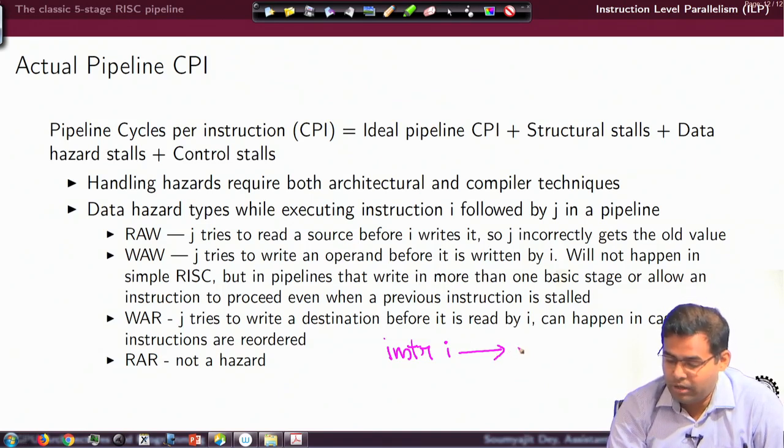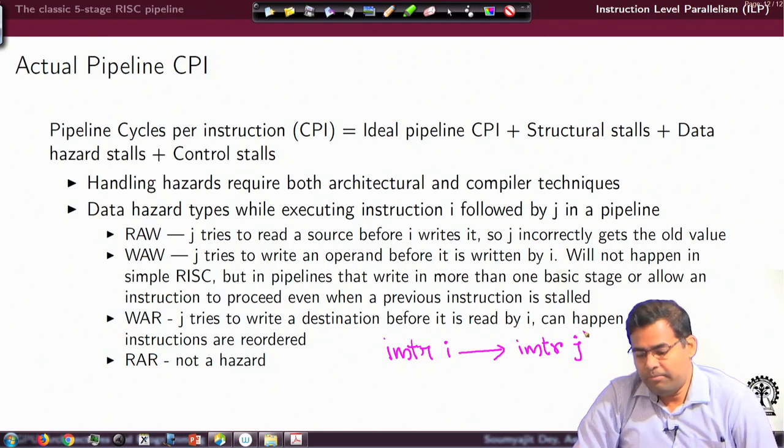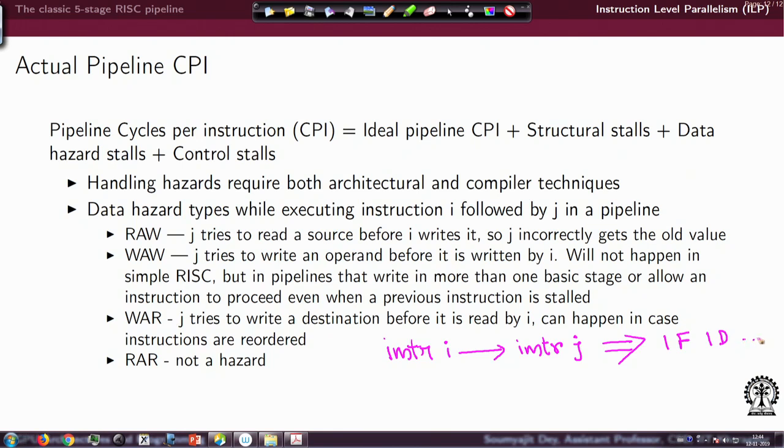What are the different problems that can happen when this sequence is entering the instruction fetch unit, followed by the instruction decode unit, and so on?